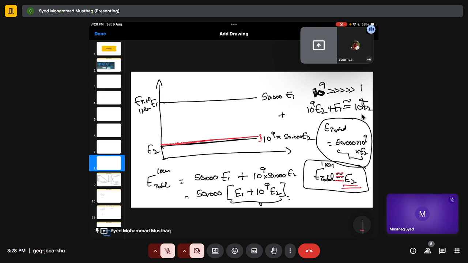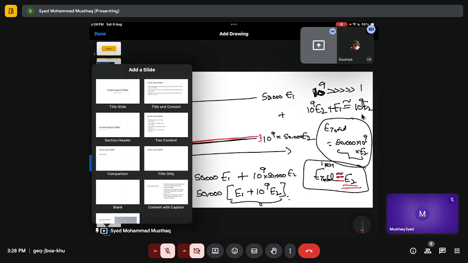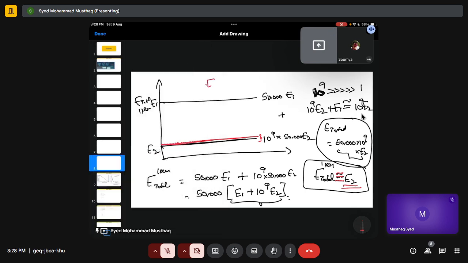But what about the nanoparticle? So let me write this relation. E1 is greater than E total of the 1 micron particle, which is approximately equal to E2. But this is not the case for the nanoparticle, because it was lying considerably above here, right?